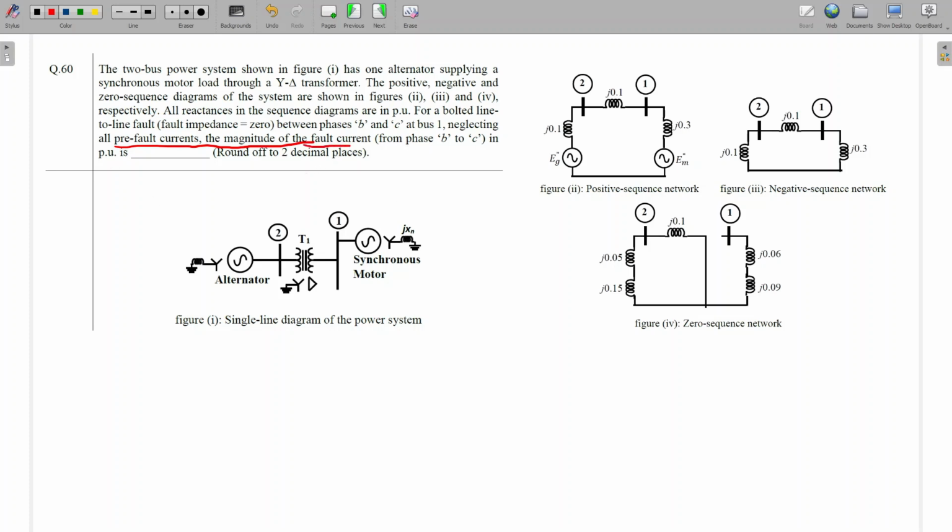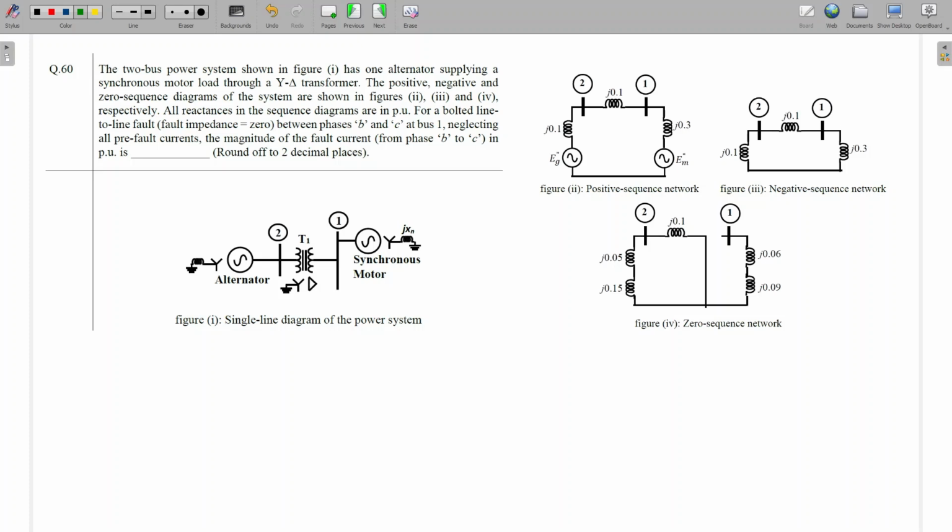That means the voltage of all buses will be 1 per unit, the same everywhere, because the pre-fault currents are assumed 0. In a running system, the pre-fault voltage at the fault point would be different.